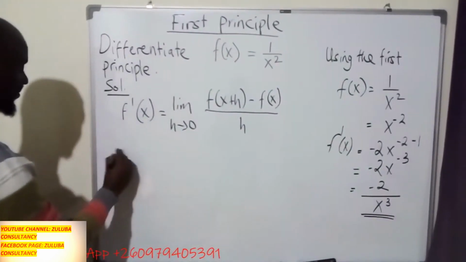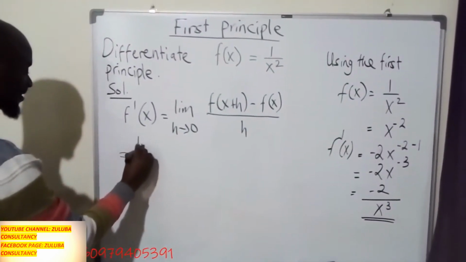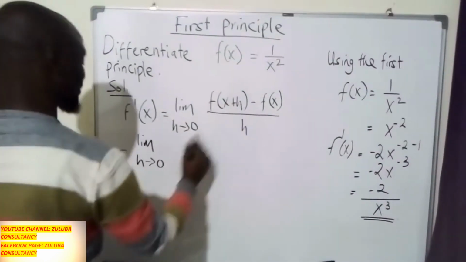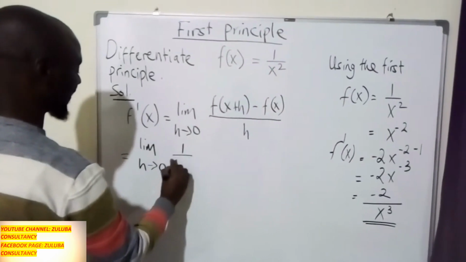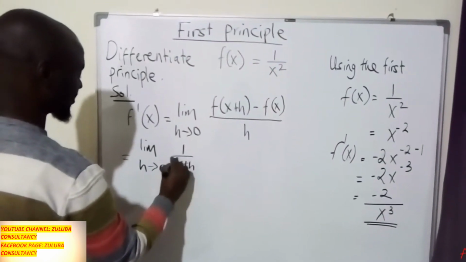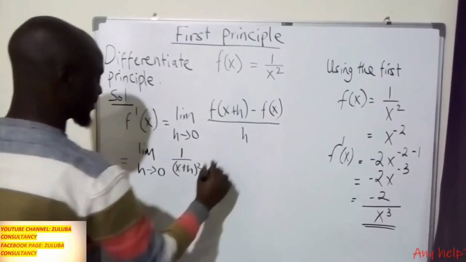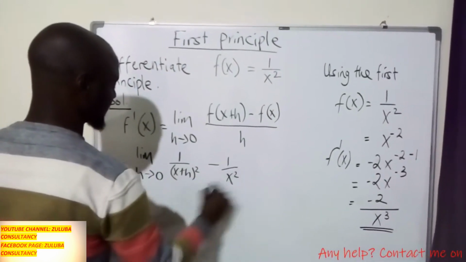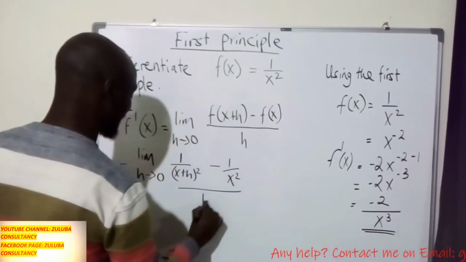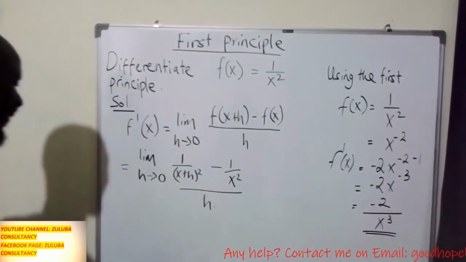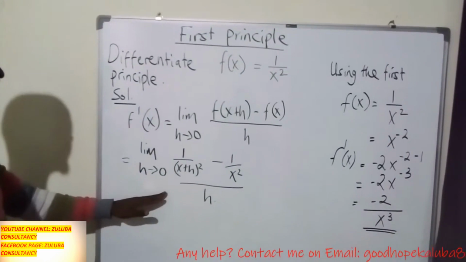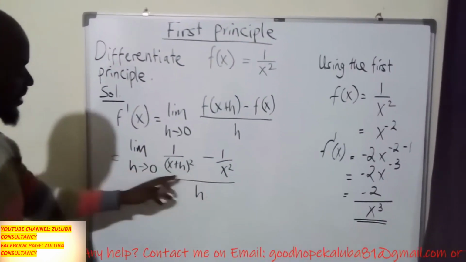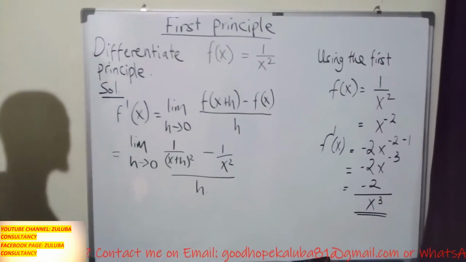So this will be equal to the limit when h goes to 0. I'll replace, this will be 1 over x plus h squared minus the actual function 1 over x squared, then divide by h. When you reach this point, your goal should be to remove these fractions in the denominator.